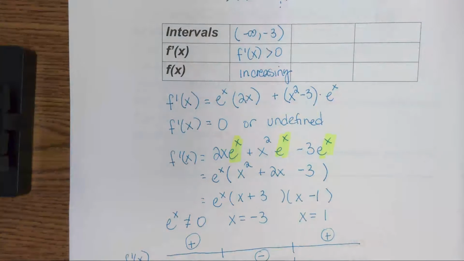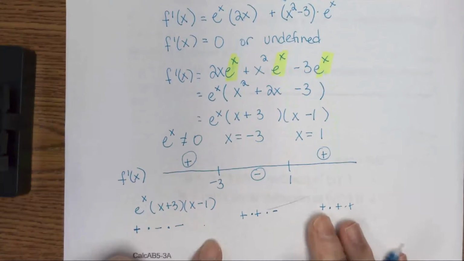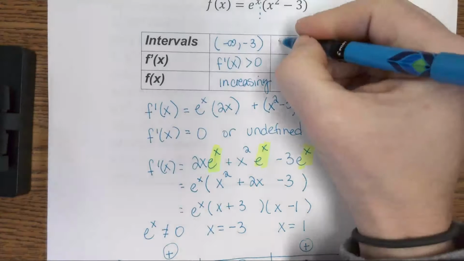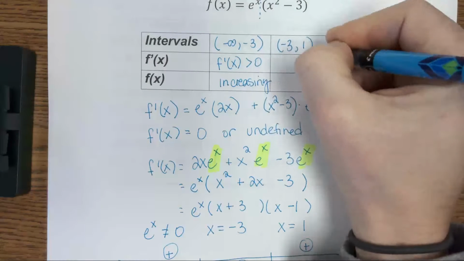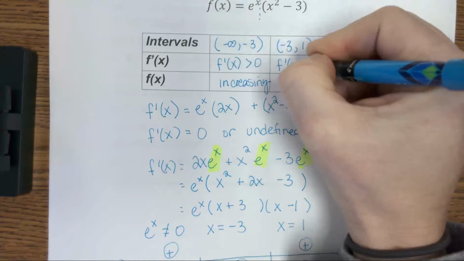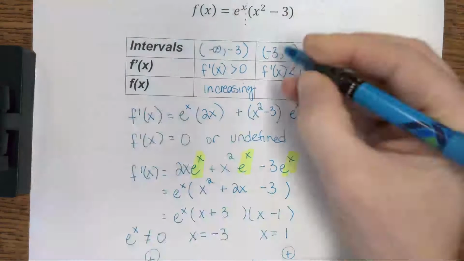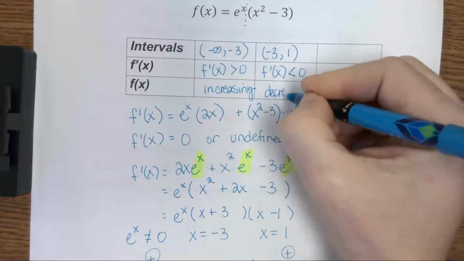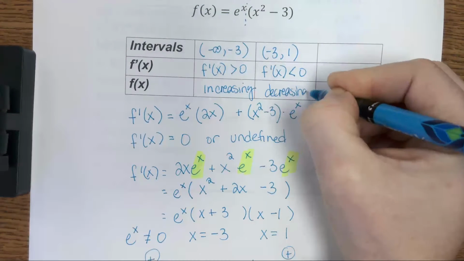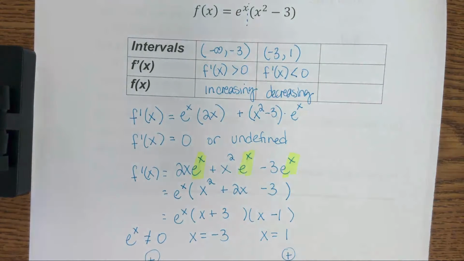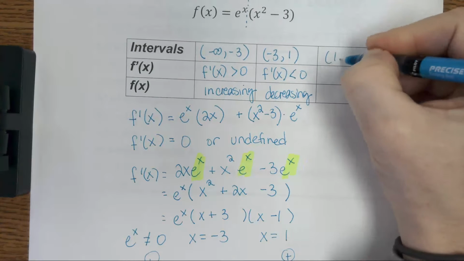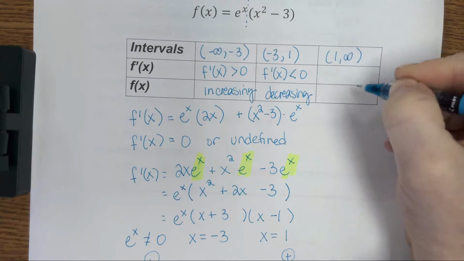The next interval is negative 3 to 1. F prime of x now is less than 0, or a negative value. That means the function f is decreasing. And the last interval is 1 to infinity.